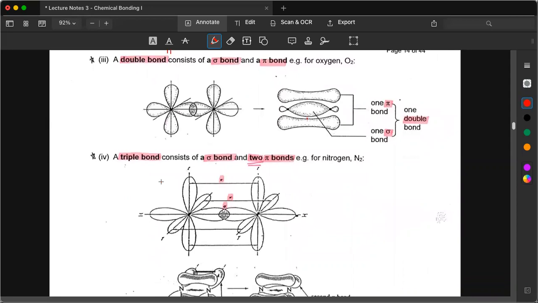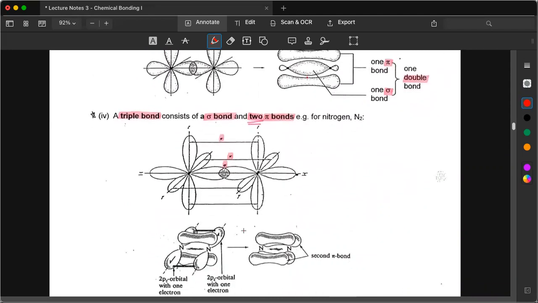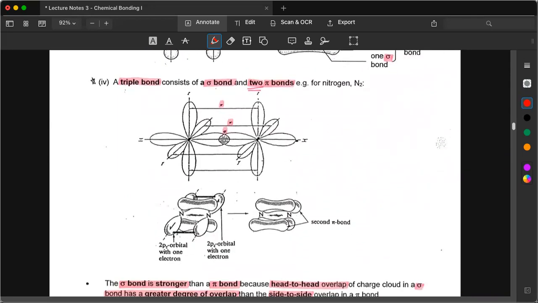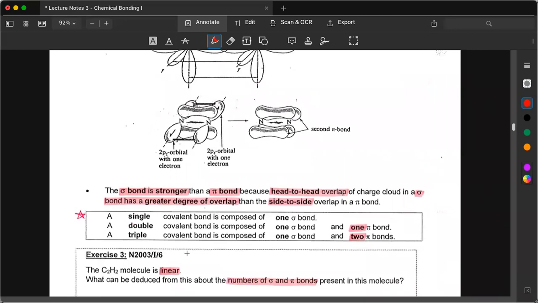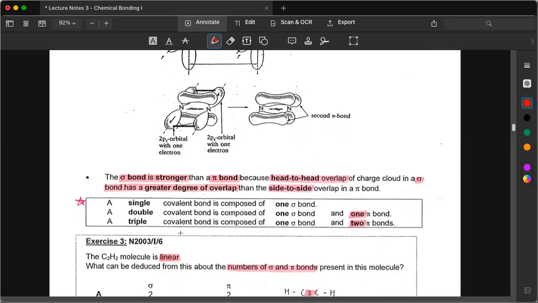As for a triple bond, it is one sigma and two pi bonds. A sigma bond is stronger than a pi bond because head-to-head overlap of the charge cloud in a sigma bond has a greater degree of overlap than the side-to-side overlap. So this is a summary of what single, double and triple bonds consist of, how many sigma and how many pi bonds.